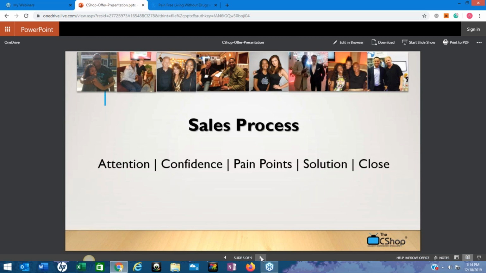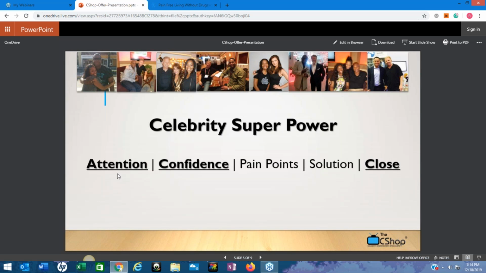So the celebrity helps grab attention, build confidence, and they certainly help close, because the more confident the prospect is in you, and the celebrity can supercharge that, the more willing the person is to close, to sign the check, to sign the agreement, to pay the cash, whatever, closing.